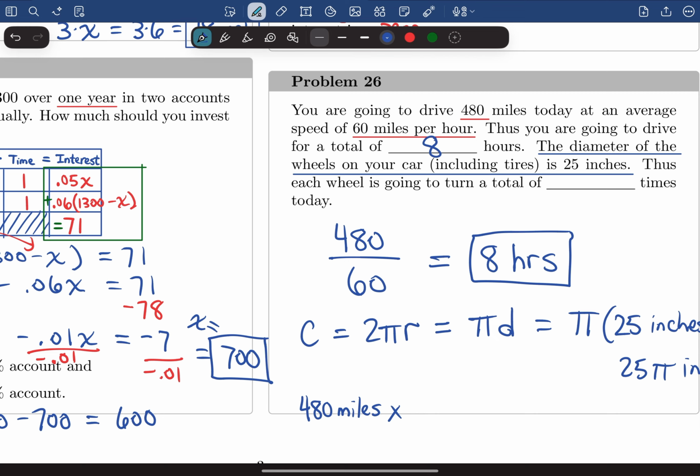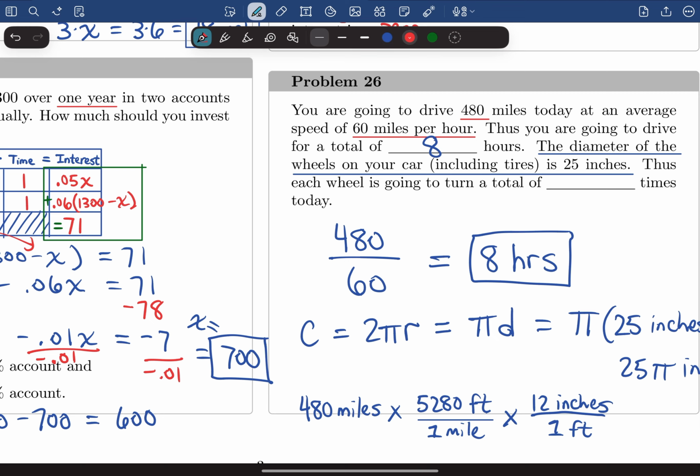So I'm going to convert from miles to feet and then to inches. Well, we know there are 5,280 feet per mile. And then we've now done the conversion to feet. Now we need to convert feet to inches. So we know there are 12 inches per foot.